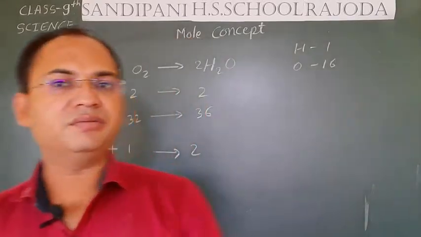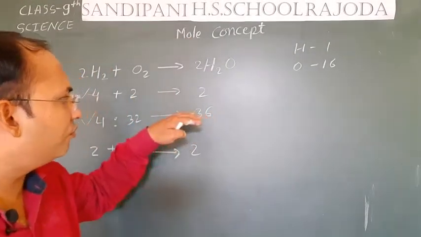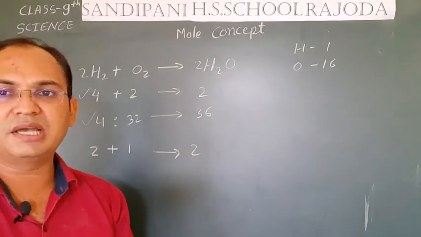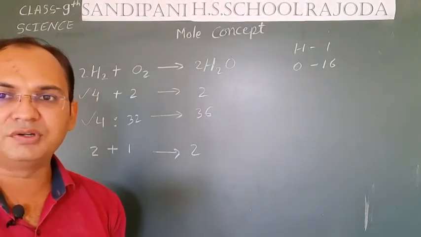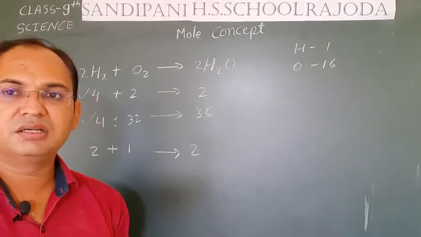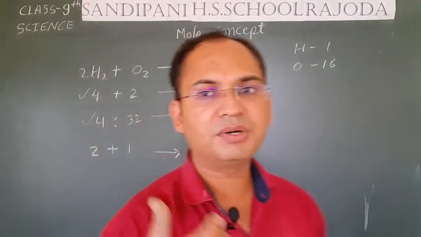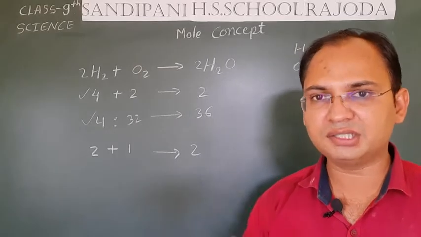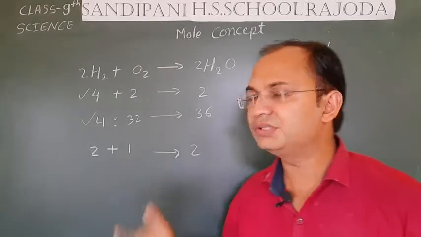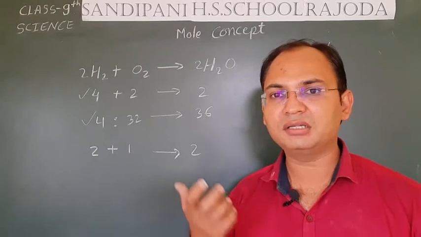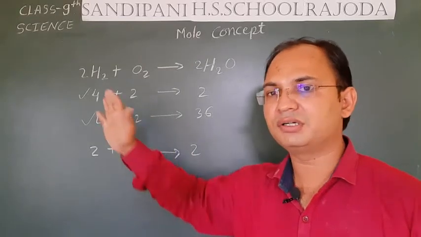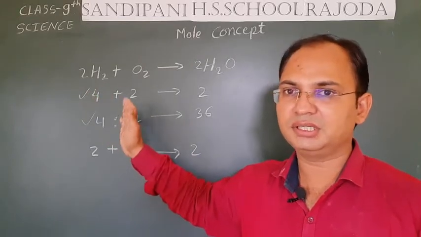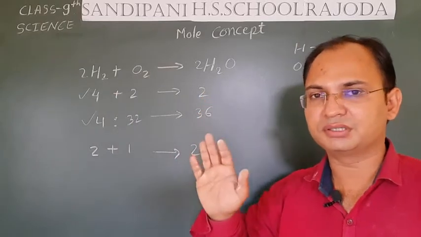So whenever we express the chemical equation in terms of the number of molecules, because the size of atoms or molecules is very small, a huge number of atoms and molecules are required in terms of reactant and product.